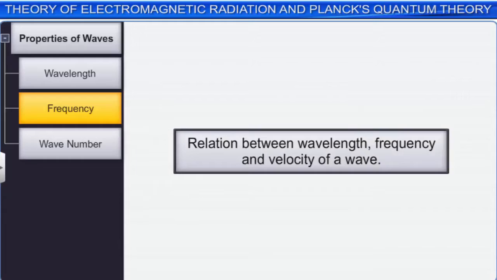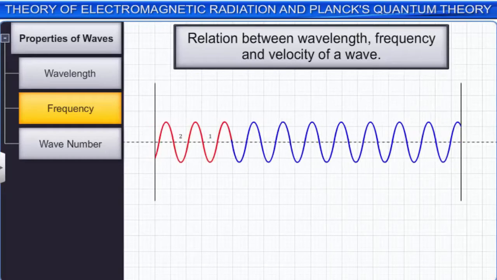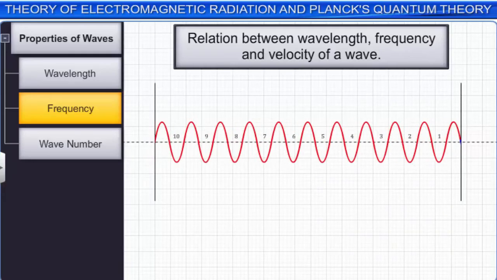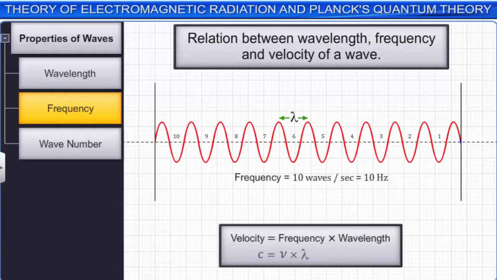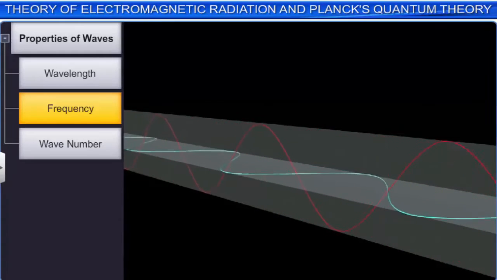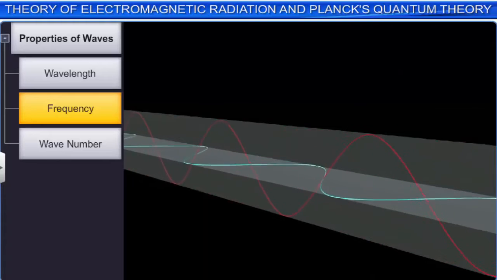Let us now understand the relation between the wavelength and velocity of a wave. As frequency is the number of waves passing through a point per second, and wavelength is the length of each wave, their product will give the velocity of the wave. The electromagnetic wave travels through empty space with the velocity of light.